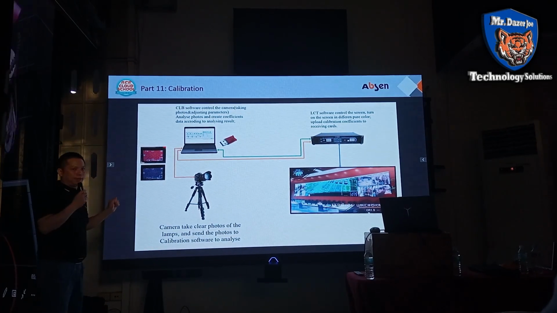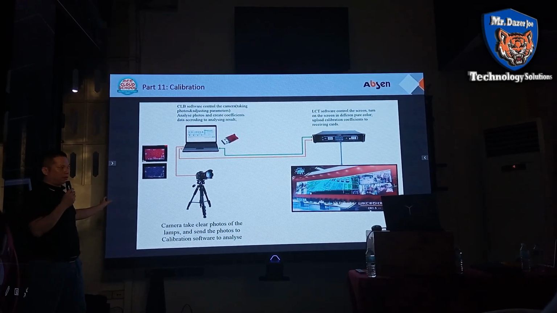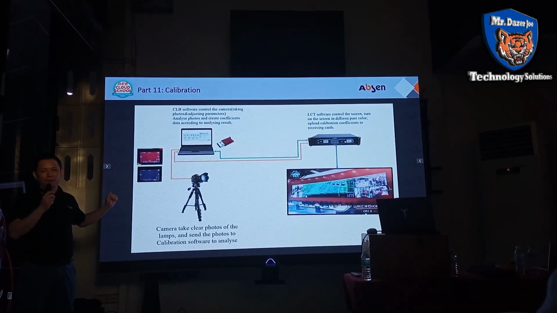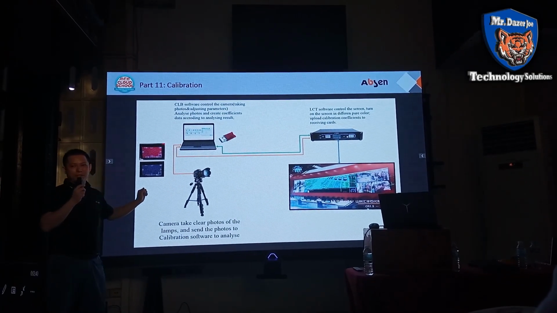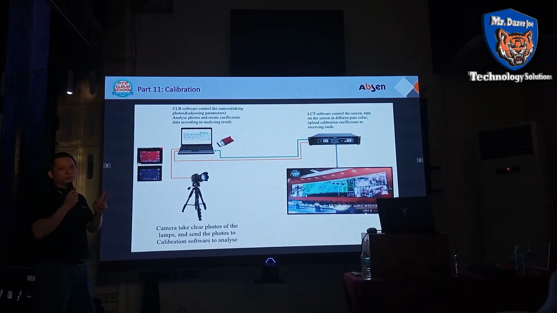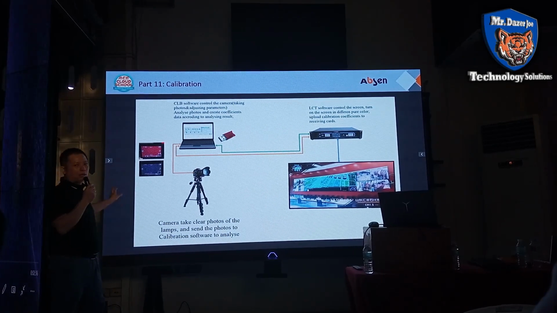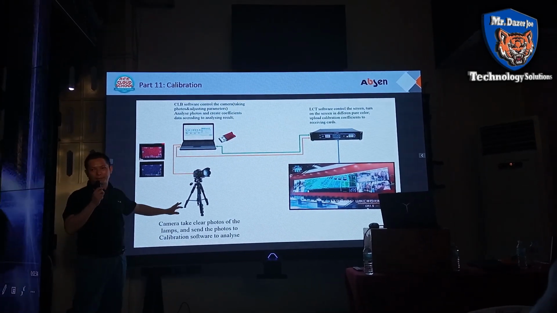The second method is we calibrate the whole screen manually. Manually, it means we have two types of calibration. One is calibrating the whole screen.